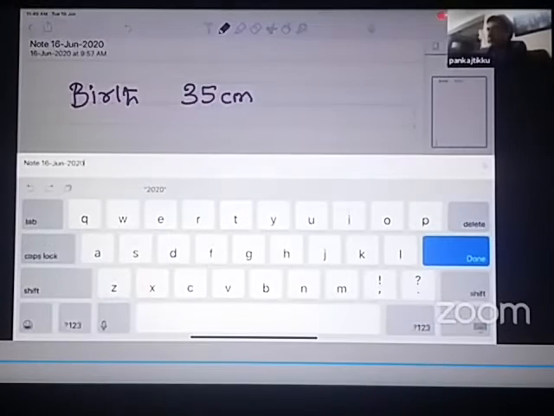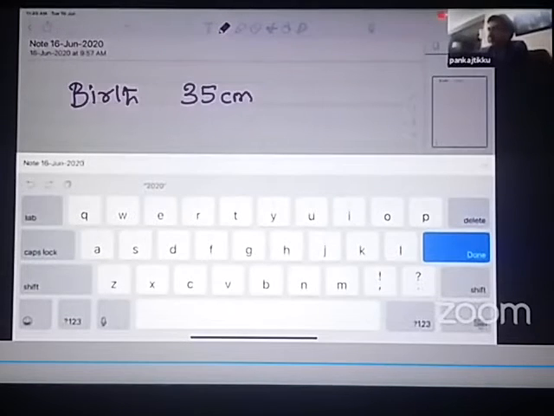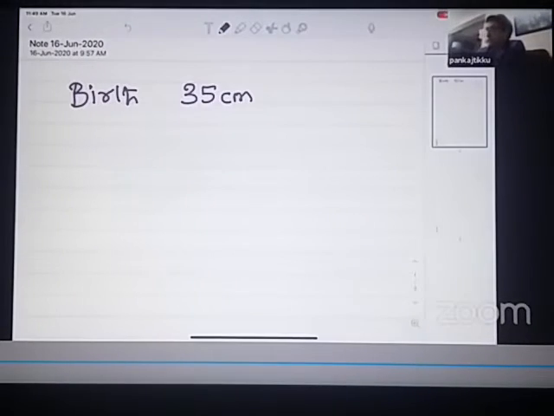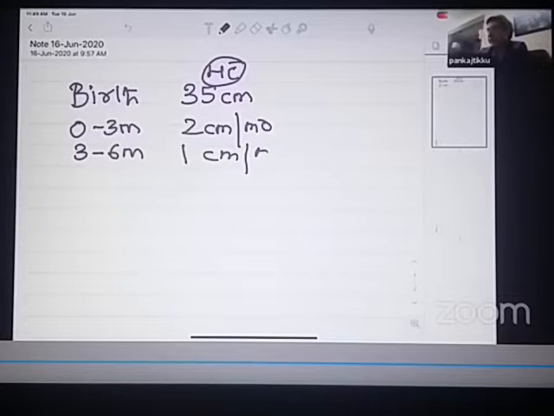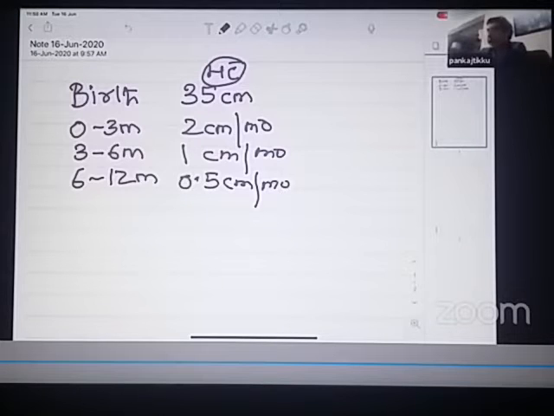We are talking about head circumference. At 0 to 3 months, the increase was 2 centimeters per month. Between 3 to 6 months, the increase was 1 centimeter per month. I'm just revising what I've already told you. And between 6 to 12 months, the increase was 0.5 centimeter per month. If you add this up, it is 12 centimeters in the first year of life.